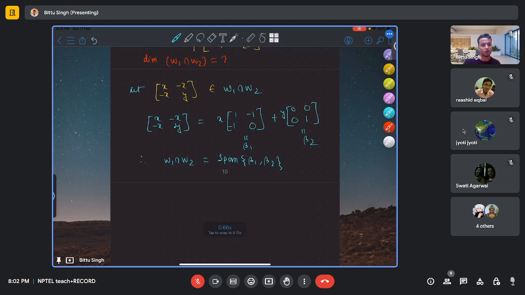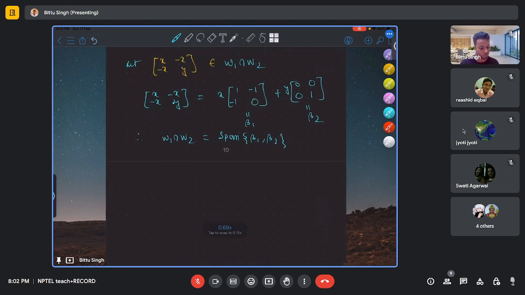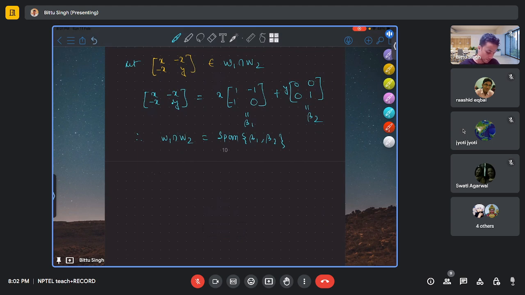Now we need to show those elements are linearly independent. As usual, let C1 beta 1 plus C2 beta 2 equal 0, where Ci are from the scalar field R. Then this implies the matrix with entries C1, minus C1, minus C1, C2 is the 0 matrix.